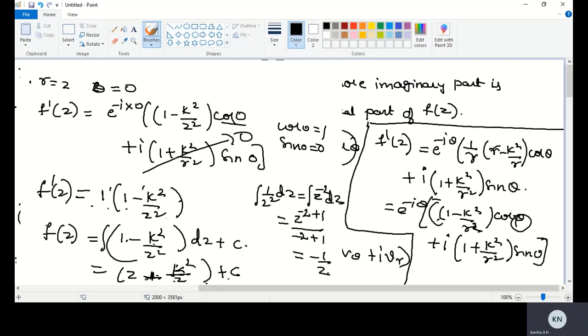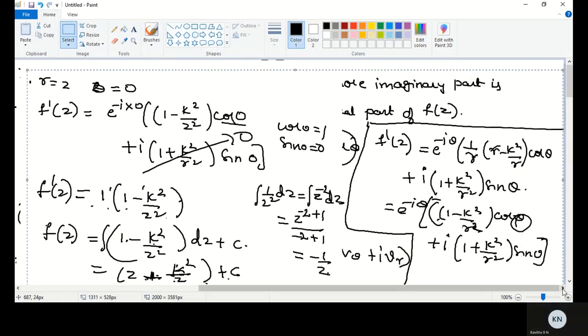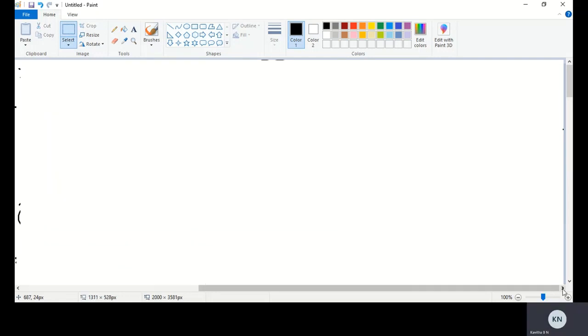Then in this we need to find the real part of f of z also. Here f of z is equal to z plus k square by z plus c.